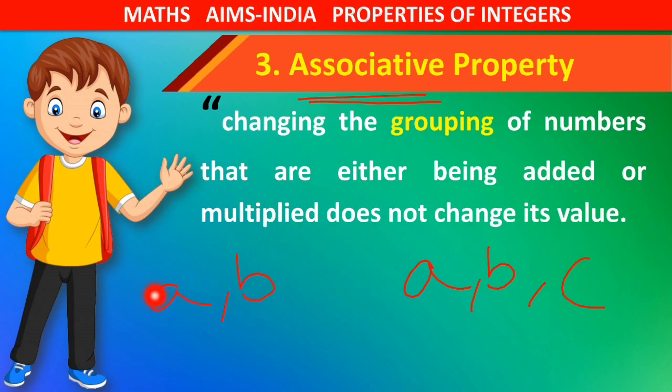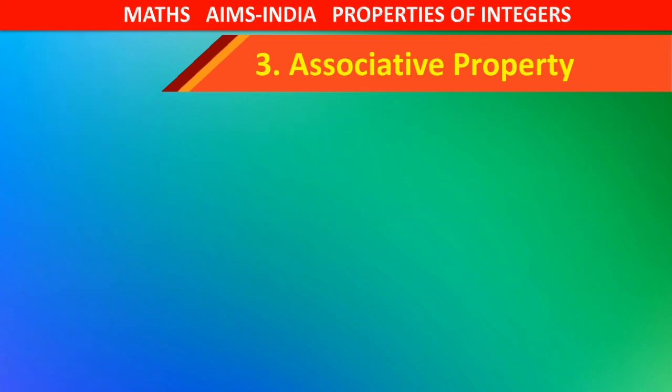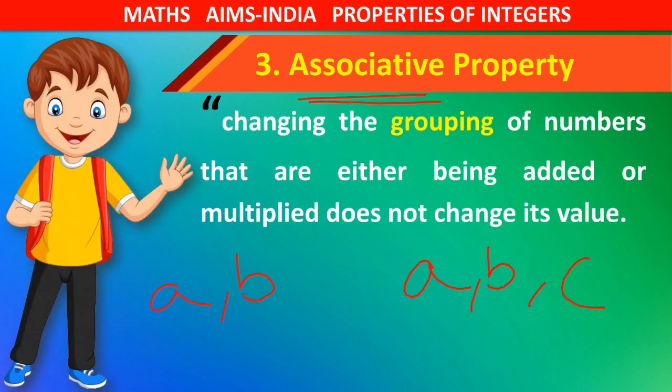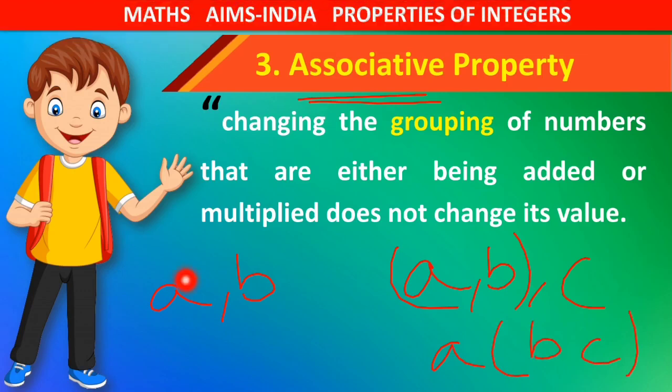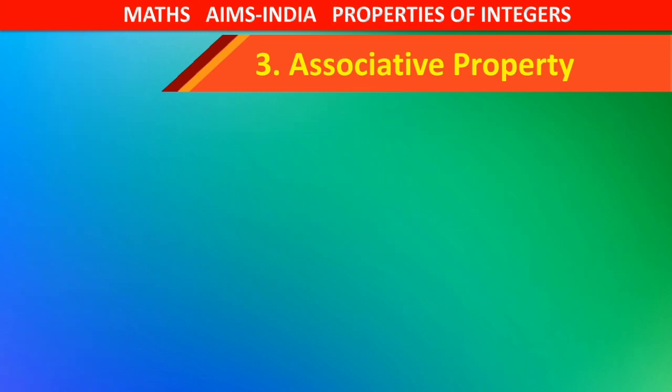In commutative, a into b should be equal to b into a. In associative, a into b into c should be equal to a into b into c. Okay, the grouping, it is very much similar to commutative only. The only major difference is that commutative deals with two integers, associative deals with three integers.